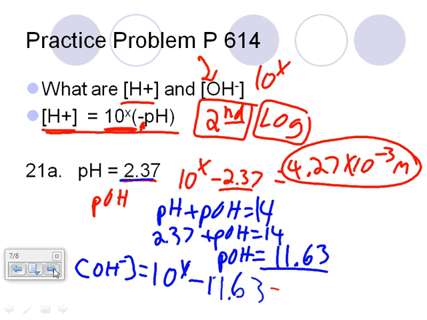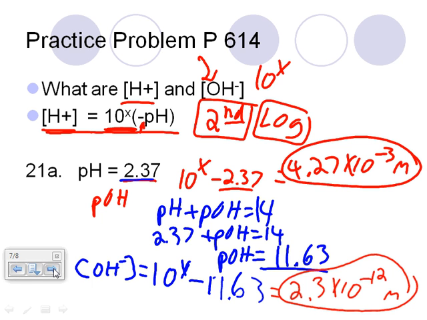So once you plug that into your calculators, you'll get 2.3 times 10 to the minus 12th molar. So there's going to be your answer. Solving it, again, using your pH island, going from one thing to another, utilizing those new functions that we looked at, the log, the inverse log, and so forth.